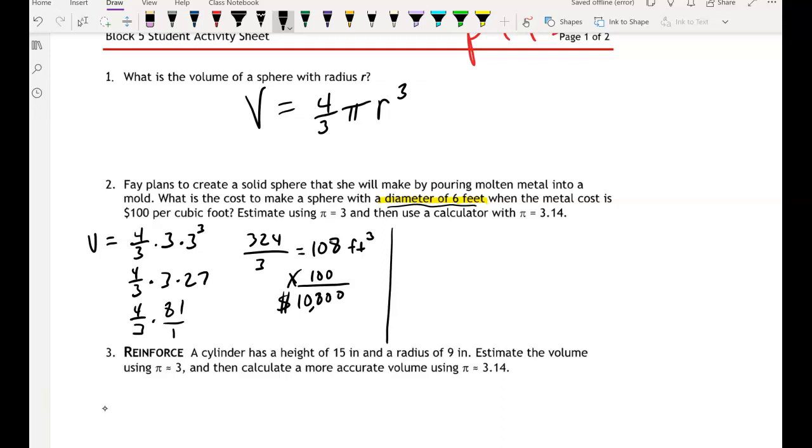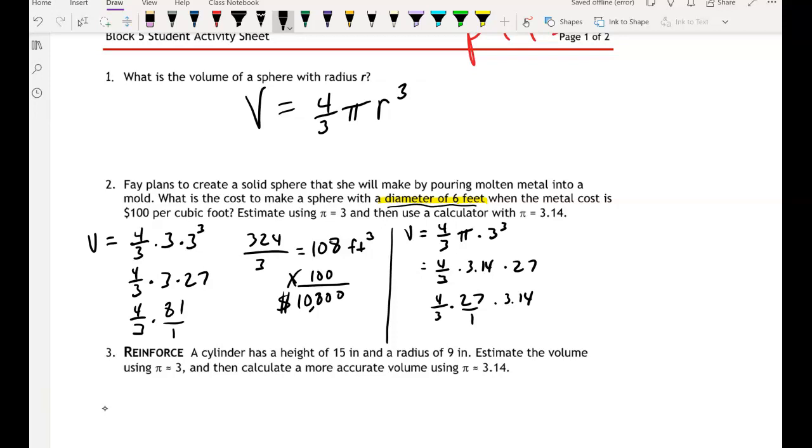Now let's find the more exact measurement. So remember, it's 4/3 times pi times the radius cubed. Okay, now that's 4/3 times 3.14 times 27. Now if we rearrange these, we can do 4/3 times 27 times 3.14. I'm going to multiply 4/3 times 27. 27 times 4 is 108.